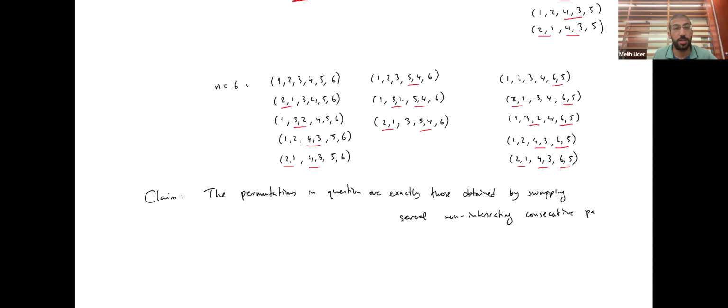So we are talking about consecutive pairs, but non-intersecting consecutive pairs. It's not like 3, 4, and 4, 5. These are intersecting consecutive pairs. So several non-intersecting consecutive pairs, we swap them. And this way, we obtain permutations, and these are exactly these ones.